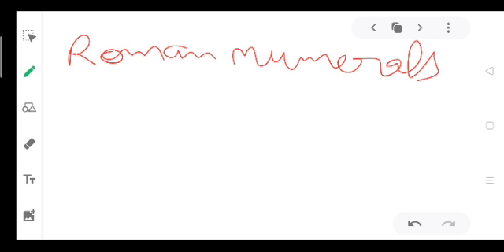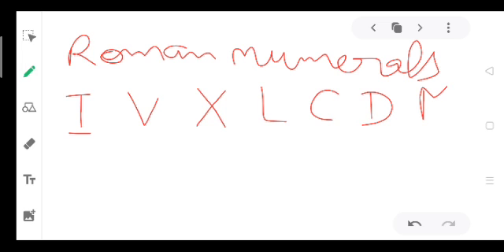Their Roman symbols are I, V, X, L, C, D, M. You have to learn this and keep it in your memory: how many letters are used for writing all the numerals? 7.